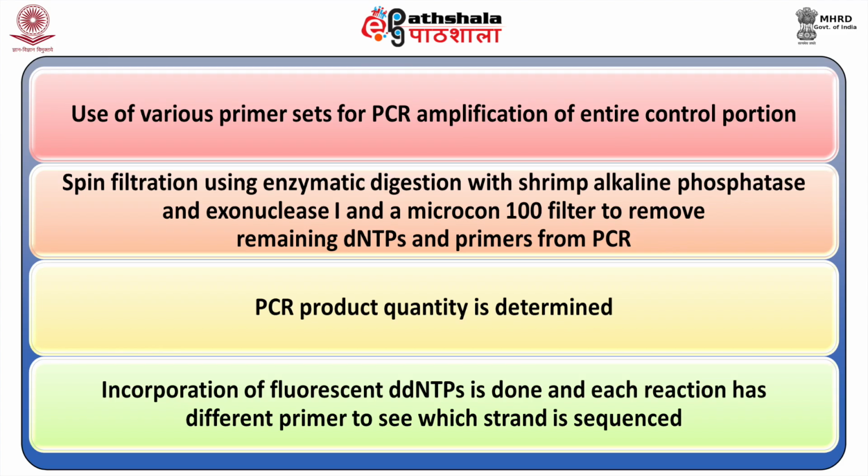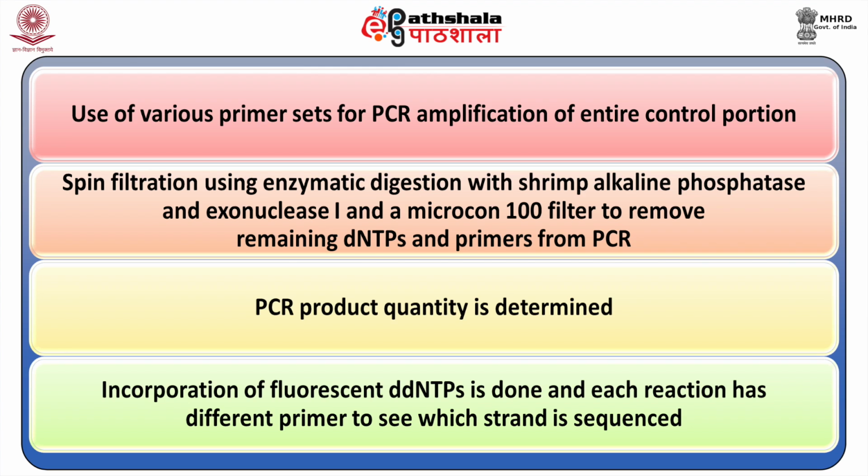For a DNA sequence reaction, about 1 nanogram of mitochondrial DNA PCR product can be used. The following steps are performed for mitochondrial DNA sequencing. Number 1, use of various primer sets for PCR amplification of the entire control portion.